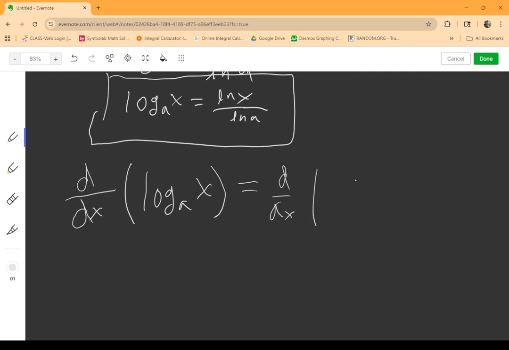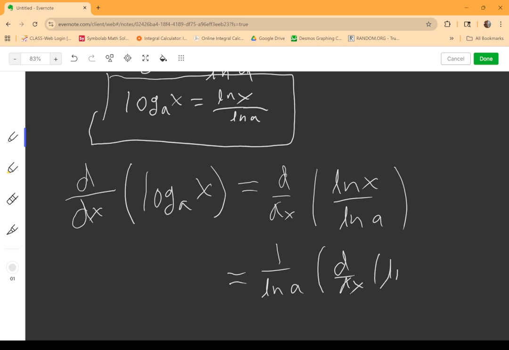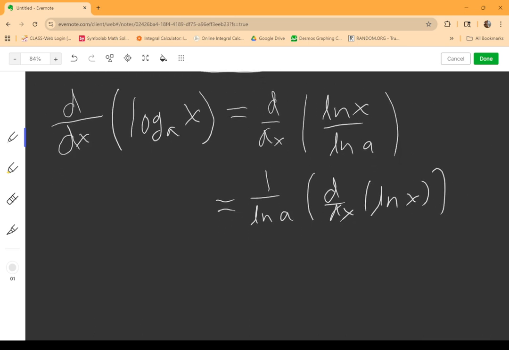The reason why I want to do that is, well, I know the derivative of the natural log. Remember, ln of a is just a constant, so I can just pull it out of this differential, this derivative operator. Okay, and now we have something like this.